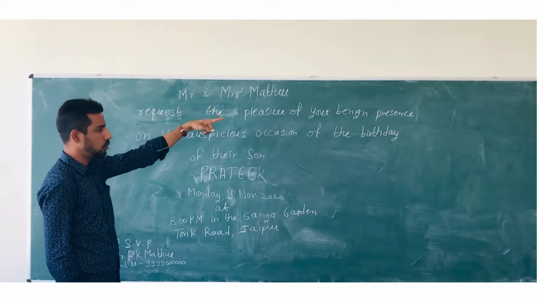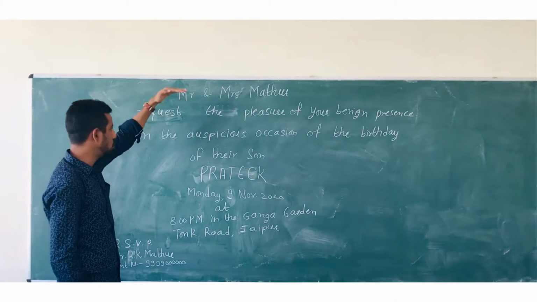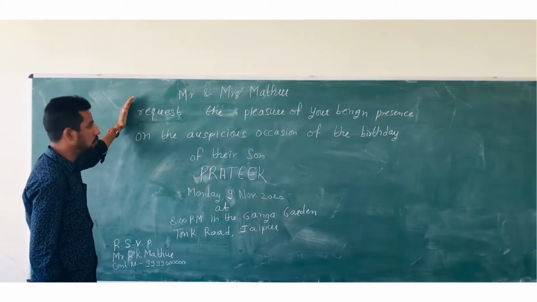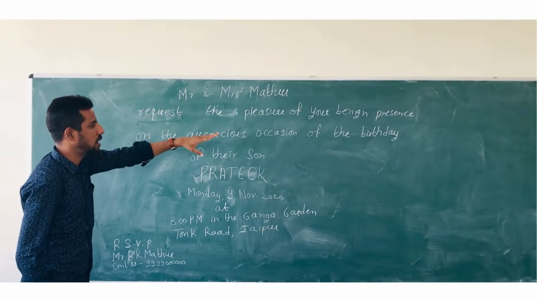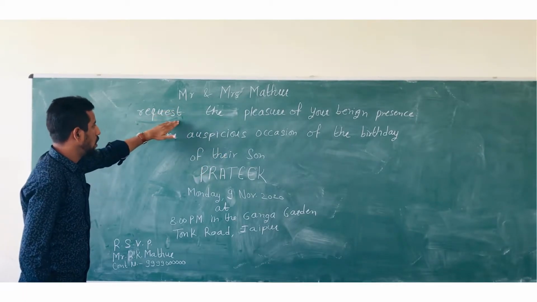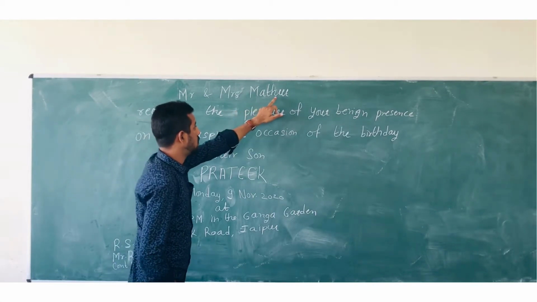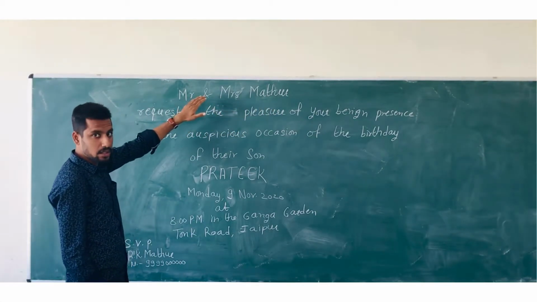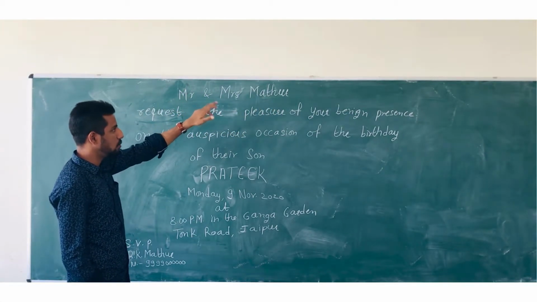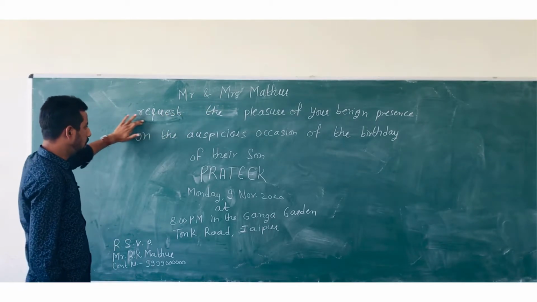Mr. and Mrs. Mathur, this will be the name of the hostess, and the expression will be "request the pleasure of your benign presence." Keep in mind that it's a plural noun phrase, Mr. and Mrs. Mathur, so the verb will be request.